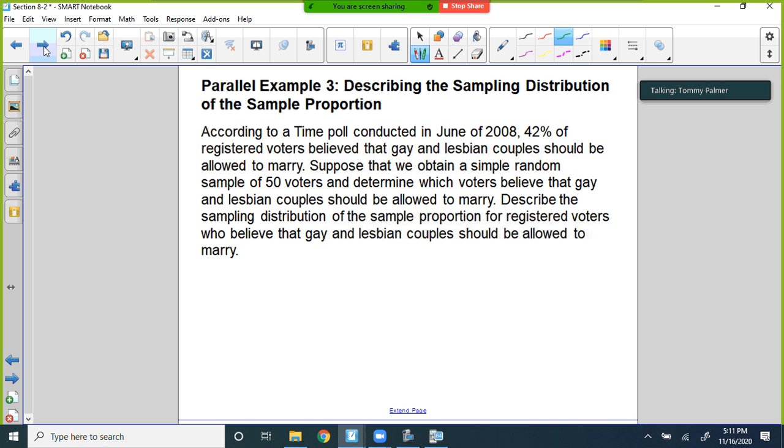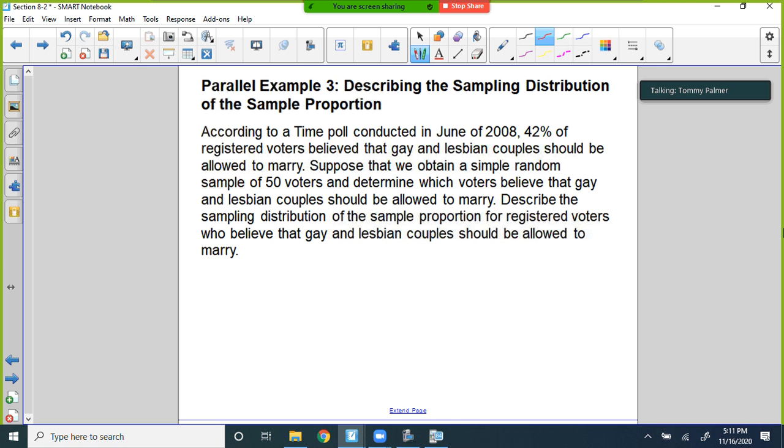According to a Time poll conducted in June of 2008, 42% of the registered voters believe that gay and lesbian couples should be allowed to marry. Suppose we obtain a random sample of 50 voters and determine which voters believe that gay and lesbian couples should be allowed to marry. Describe the sampling distribution of the sample proportion for registered voters who believe that gay and lesbian couples should be allowed to marry.